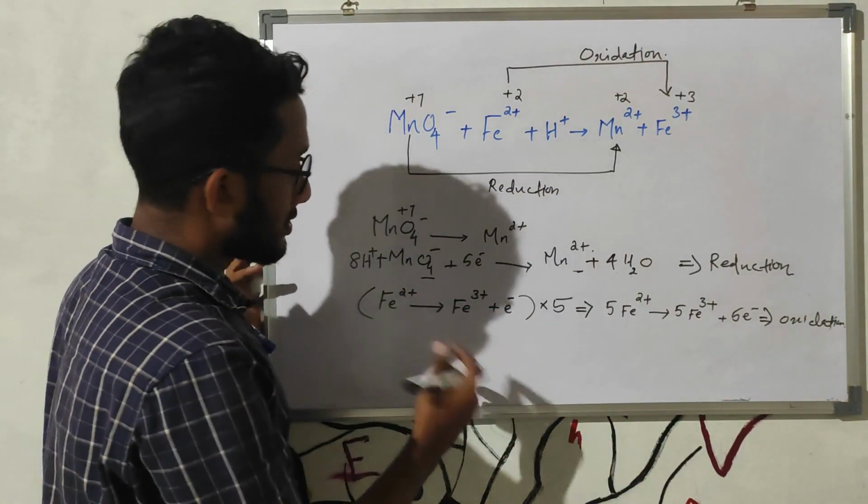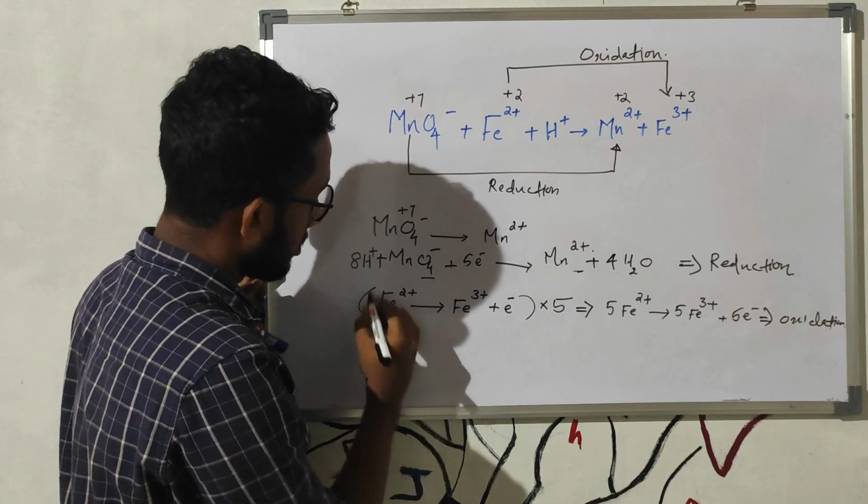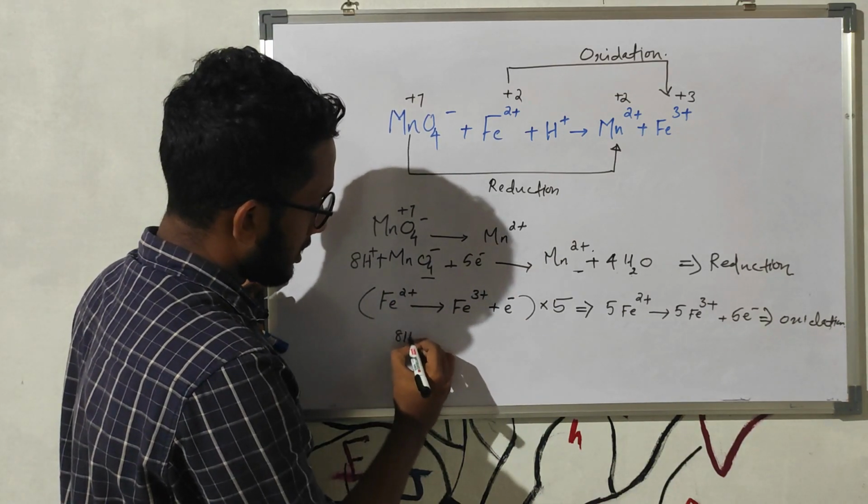Just add these two reactions to get the final balanced equation: left side plus left side and right side plus right side.